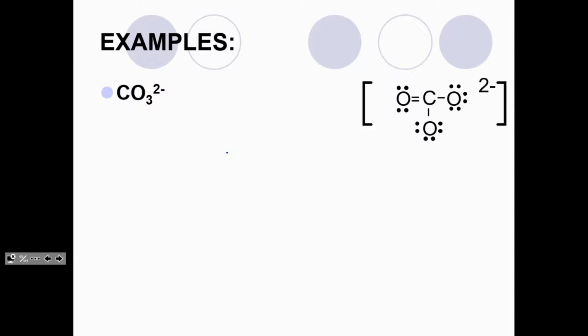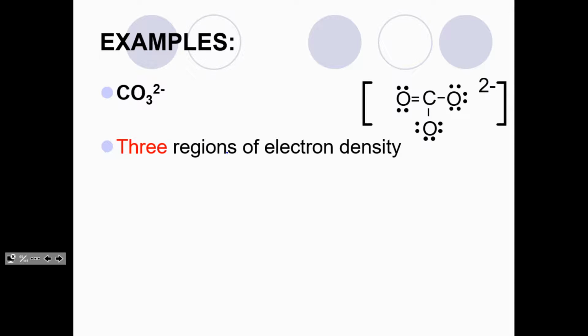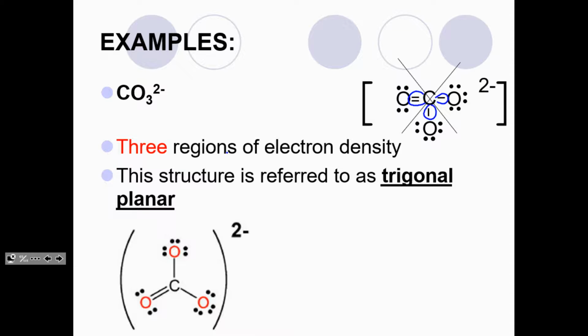Okay, next one, carbonate. And remember, carbonate had resonance. The double bond can be in two other places. In this Lewis dot structure, there are 3 regions of electron densities, 3 REDs. And I'm going to go ahead and draw those here. And remember, we're looking at the center atom only. I see 3. We have a shape for this. 3 REDs, we call it trigonal planar.